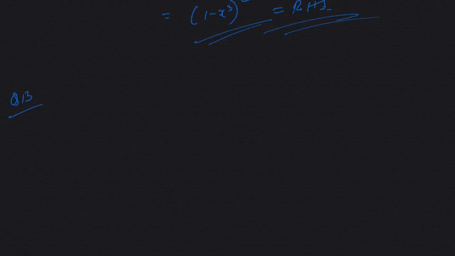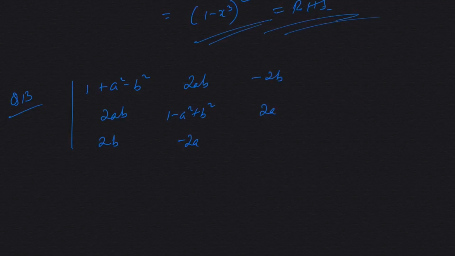Moving ahead to question number 13. The determinant is: 1 plus a square minus b square, twice ab, twice b; twice ab, 1 minus a square plus b square, minus twice a; minus twice b, 2a, 1 minus a square minus b square; equal to 1 plus a square plus b square whole cube.